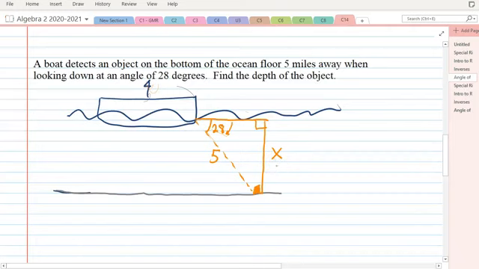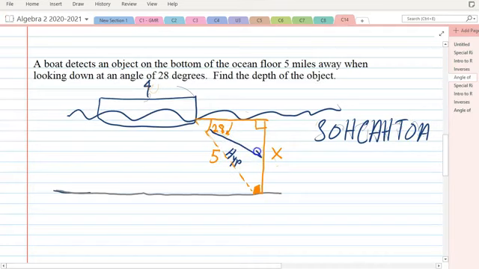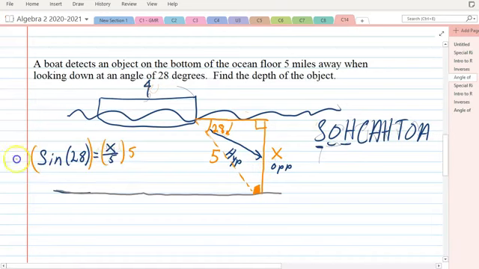This is where our trig comes in. If you're not familiar with SOHCAHTOA and all the other trig, make sure you go back and review that. Looking here, I have the 28 degrees, I have a hypotenuse, and I have the side opposite. If I have an opposite and a hypotenuse, I'm going to use S for sine. Then solve for x.